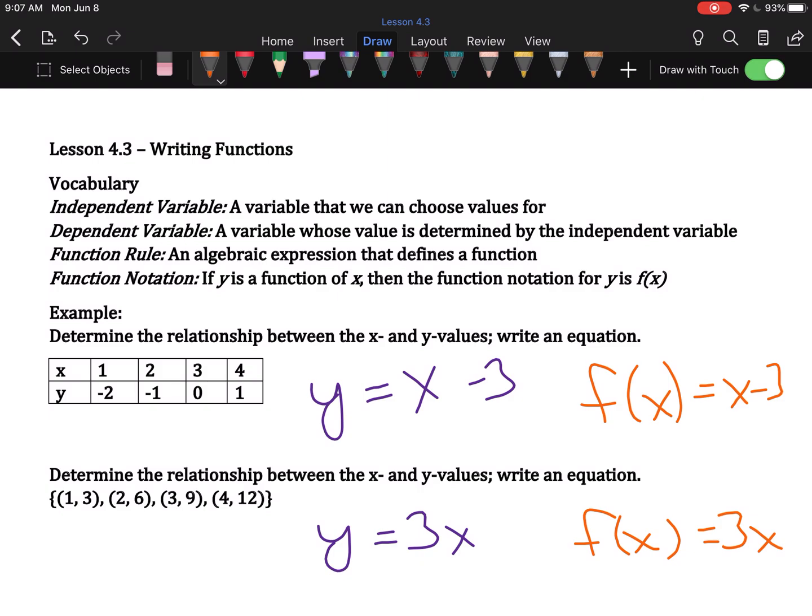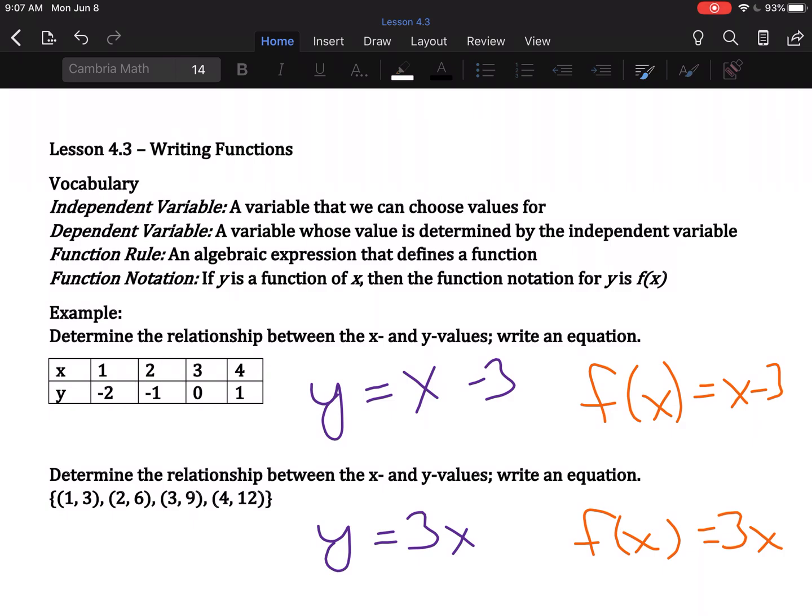Sometimes you must use f of x. If the directions say function notation, you must write f of x equals, or I cannot give you full credit because you didn't follow directions. The other vocabulary here is independent variable and dependent variable.